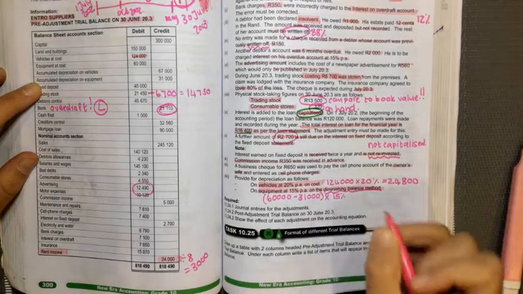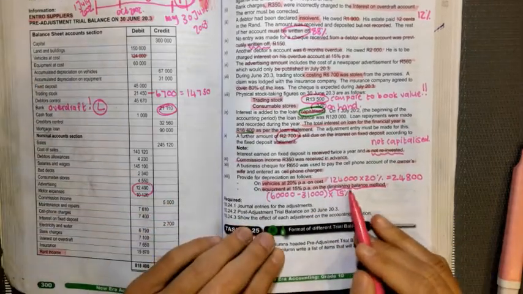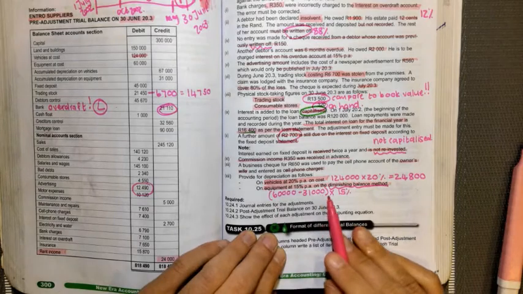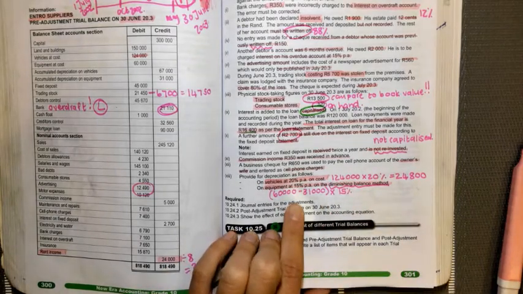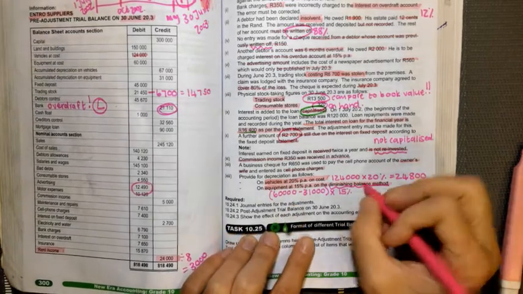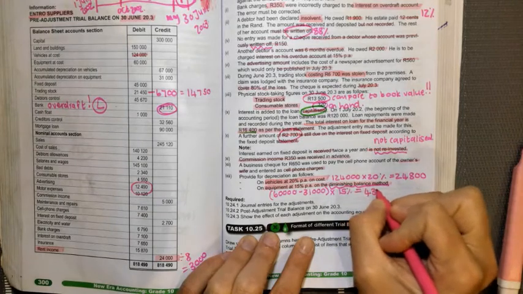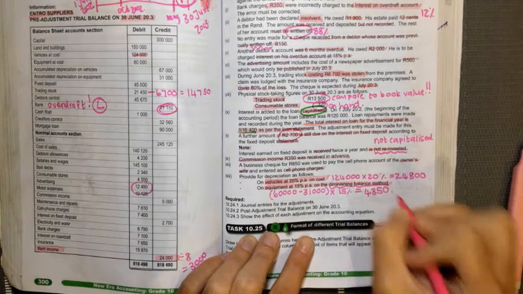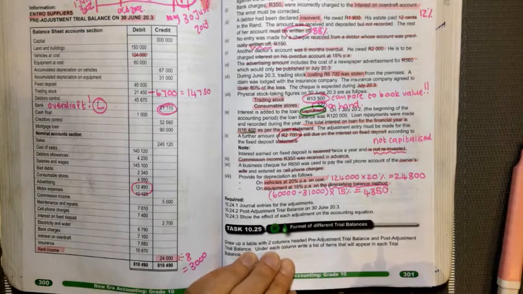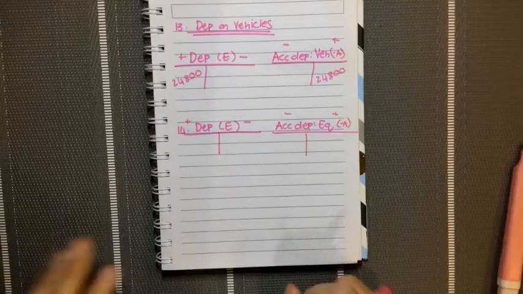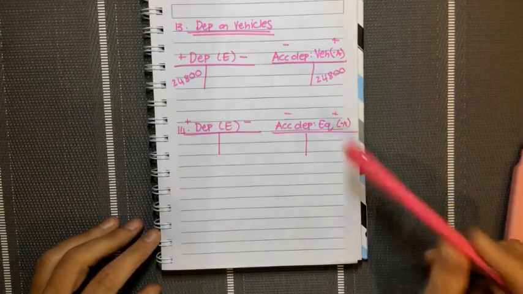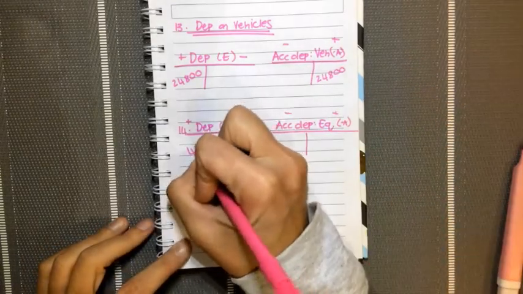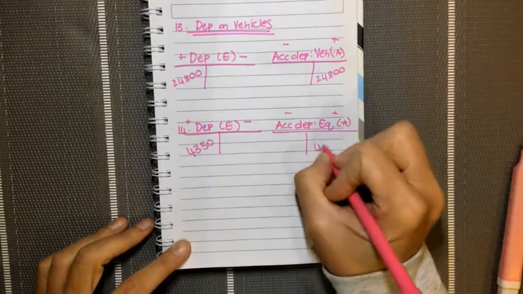Remember, the name of the method is long, so the calculation is a bit longer. That's a very silly way to remember it, but it works. And that gives you depreciation of 4,350. The two accounts are similar to those of vehicles: depreciation and accumulated depreciation on equipment. We debit depreciation and we credit accumulated depreciation on equipment.